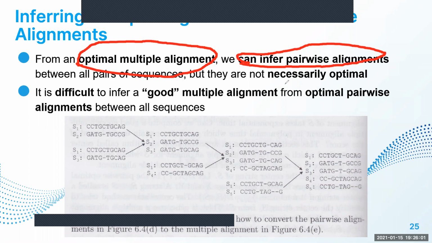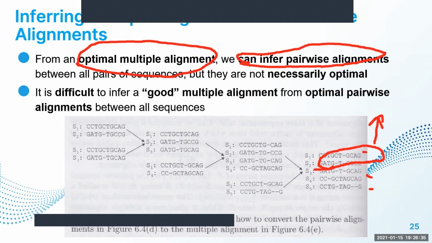But even if you can infer those pairwise alignments, if you check these two alignments, they are not the optimal solutions. There may be another alignment that will have a higher score than these two. But if we are looking for the best multiple alignment, we are not going to get the best value for the pairwise; we are not considering the pairwise alignment.